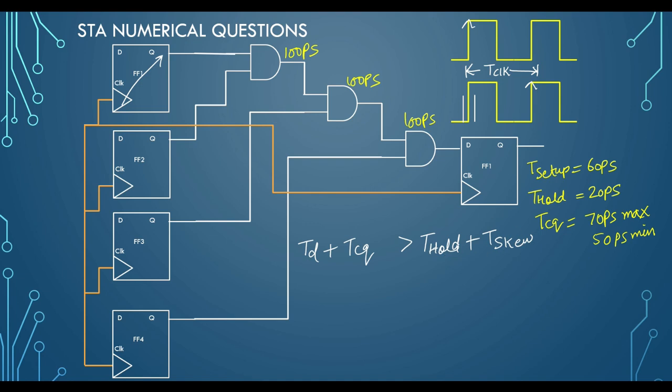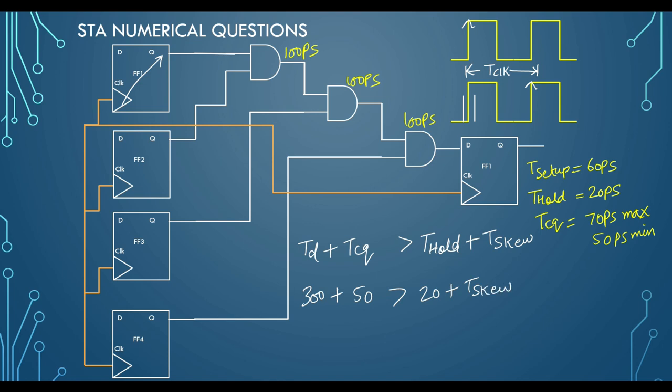Now we want to calculate T skew. We have the other values. Our data path delay is 300 ps, and TCQ, being the minimum requirement, is 50 ps. T hold is 20 plus T skew.